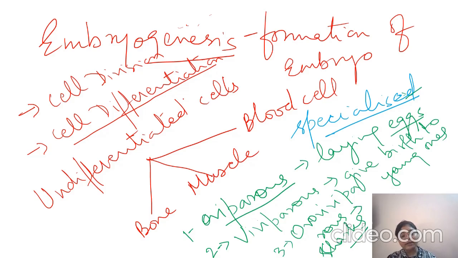Ovoviviparous means the egg develops in their body, and when the young one is about to come out, the young ones directly come out from the egg. The development takes place inside the egg only, but that egg is within the mother's body. That condition is called ovoviviparous. Some organisms, like sharks, show this condition.